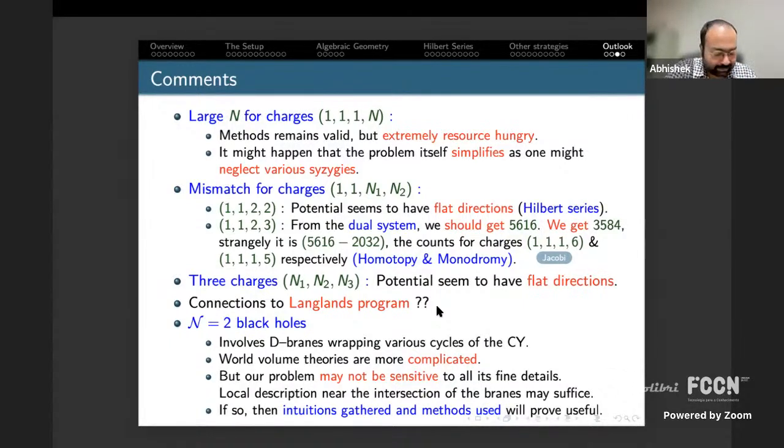So in some broader sense, this may also be thought of as some kind of Langlands program, but we don't know what to do with this. But if we manage to make things more precise for the other non-abelian charges, then we can move to the N equal to 4 and N equal to 2 black holes, which are basically the orbifolding of this T6 space in some way.